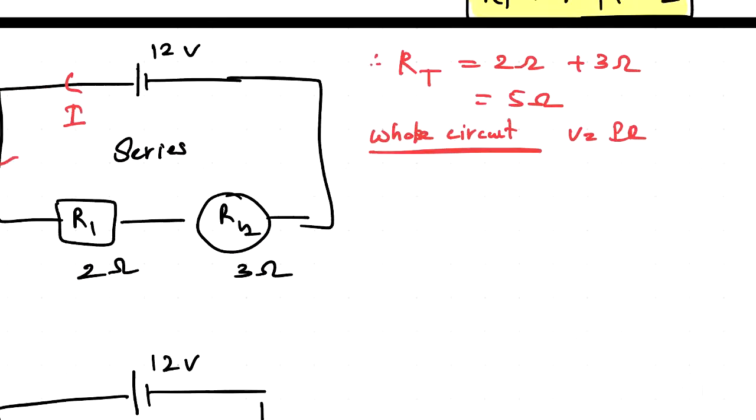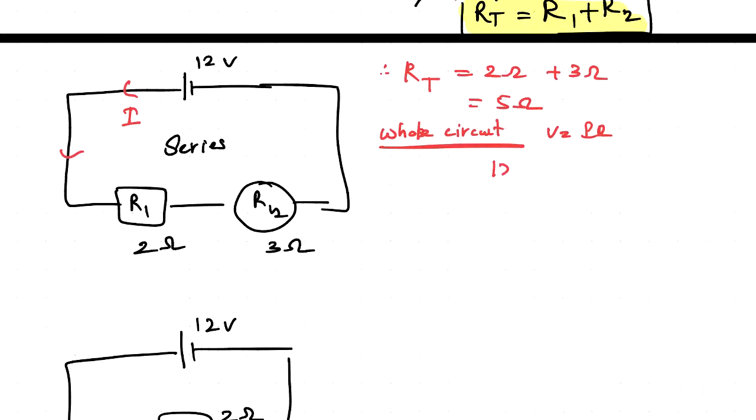The voltage value is 12, and the current value is to be calculated. Now you are applying the RT value, considering these two to be one resistor, these two combined as one. You imagine it like that. So 12 equals I into the RT value, 5 ohms.